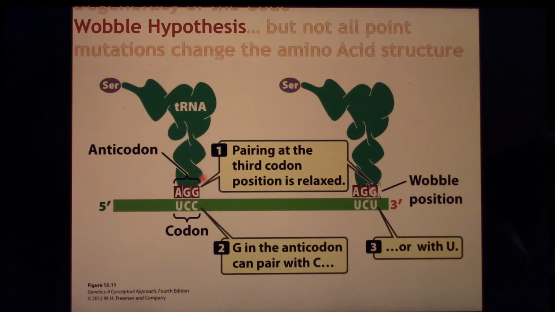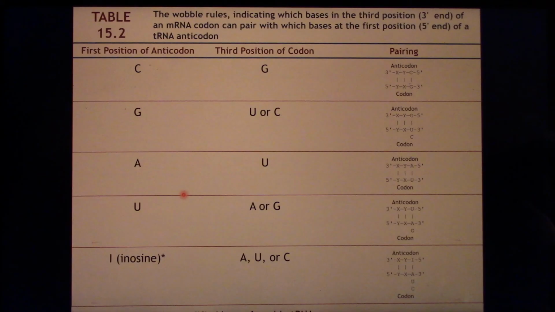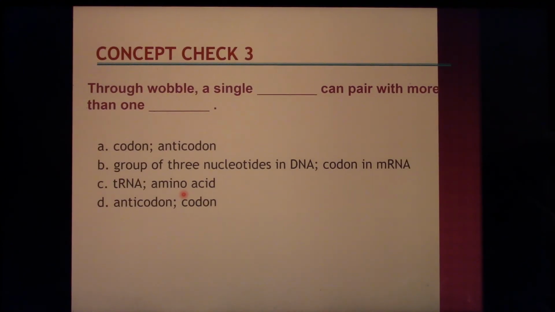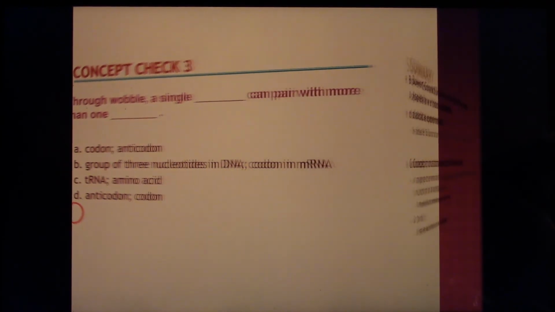That meant the same anticodon could pair with more than one codon. Here's one codon, UCC, and here's the other one, UCU. The same anticodon, AGG, is pairing with both of those. So the same anticodon can pair with more than one codon, and the answer is D.